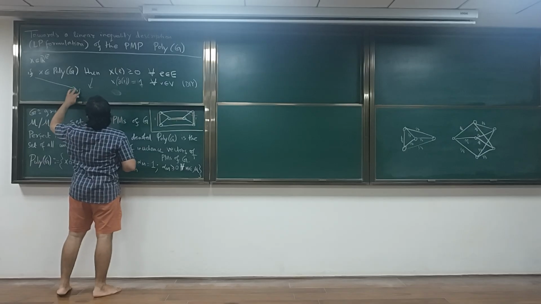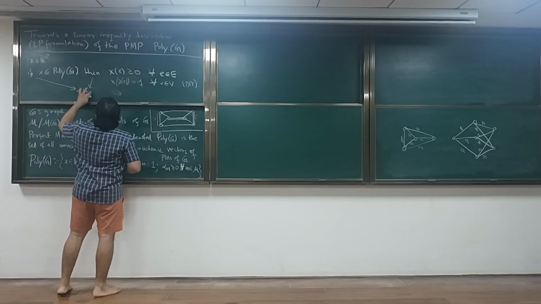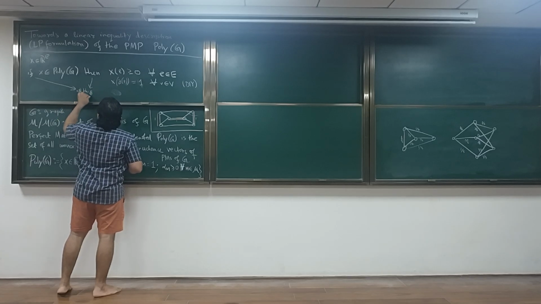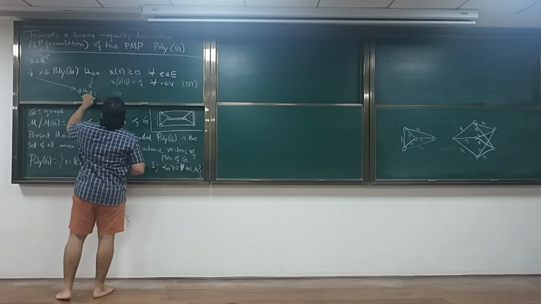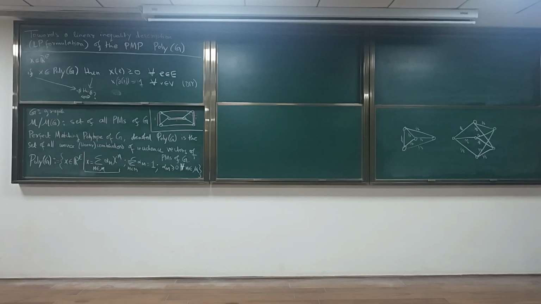Is this if and only if? If it is if and only if, that would be great. Then we are done. Then we have a complete description of the perfect matching polytope, and it turns out to be very trivial in some sense. It turns out to be very straightforward.